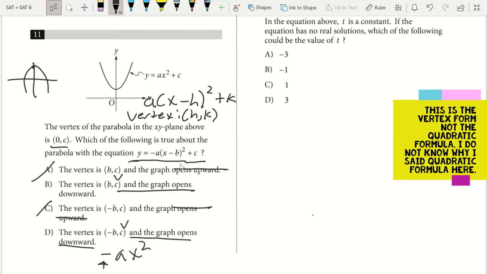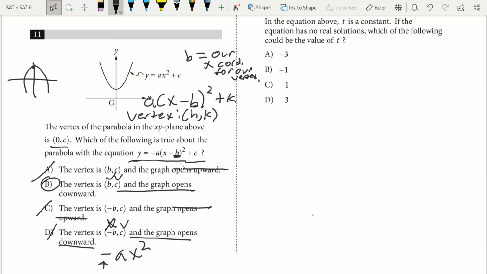So if we look at the equation we're given, we see that B is h. So we know that B then will equal our x coordinate for our vertex. So if we know that B is our x coordinate for our vertex, then we know that B will be our answer, and D is out because it has negative B, which is not correct.